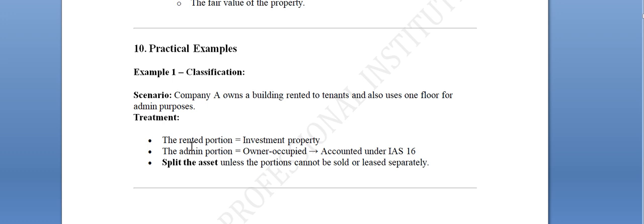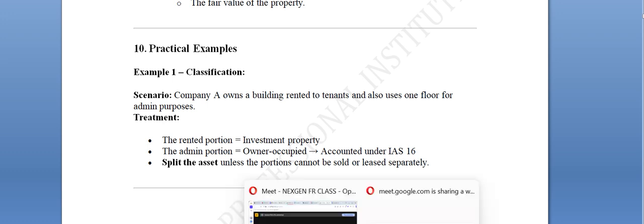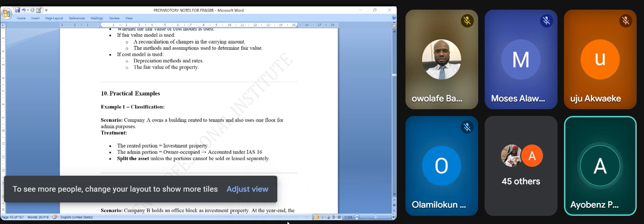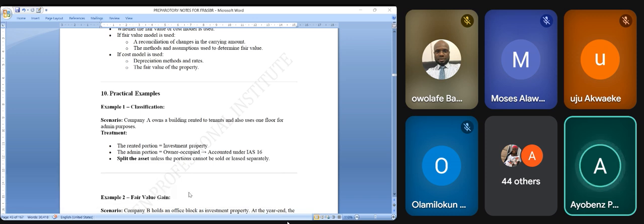Let me explain it to you now. Such a business that you are talking about, you said they have cars and they are using it for rent. Let's assume that's what they do. That alone does not make that item an investment property. Why?